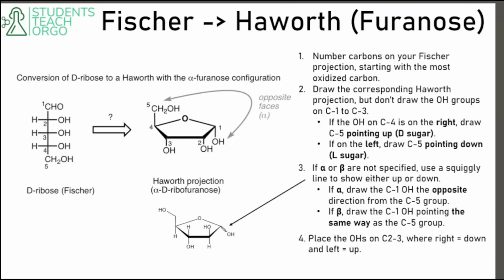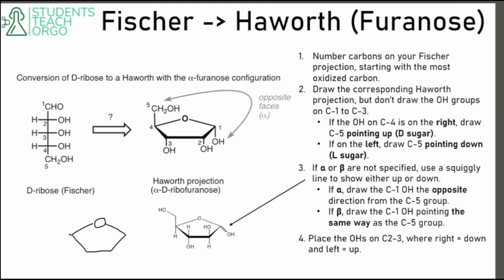So for furanoses, it's a little trickier, but it's not too bad. Once again, number your carbons starting with the most oxidized carbon. So if we're assuming that this is an aldose, an aldehyde sugar, you start number 1, 2, 3, 4, 5 as usual, and then you draw your skeleton, like I said before. I'm not going to draw the OH groups on carbons 1 to 3.